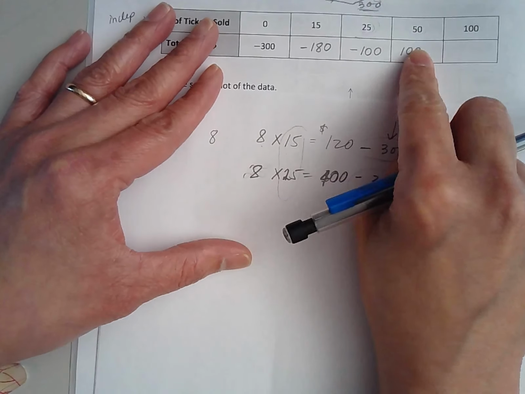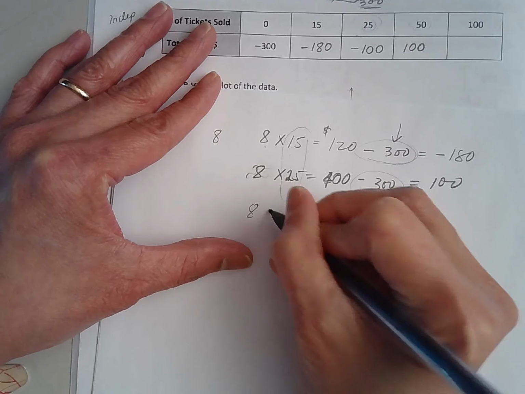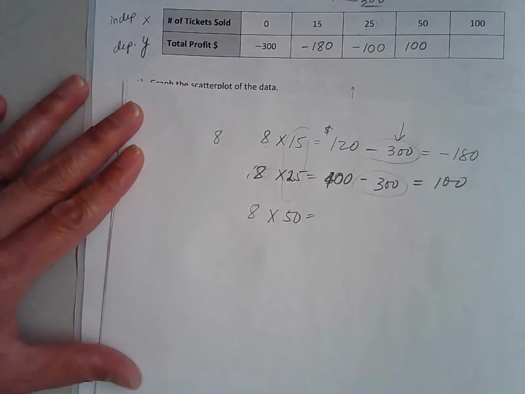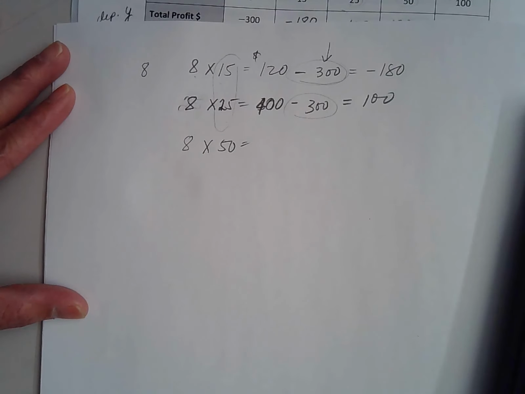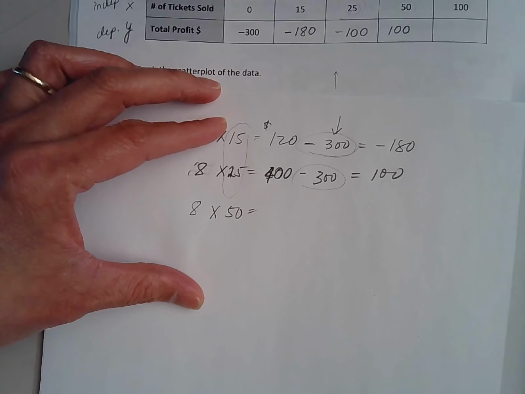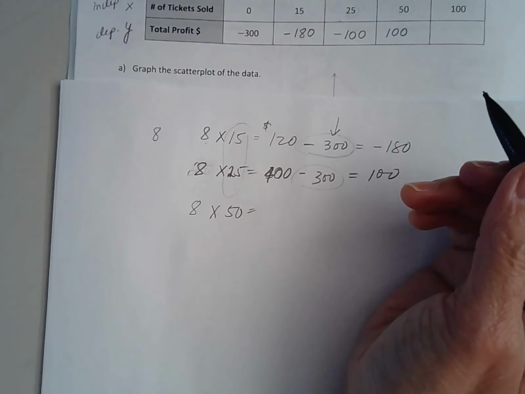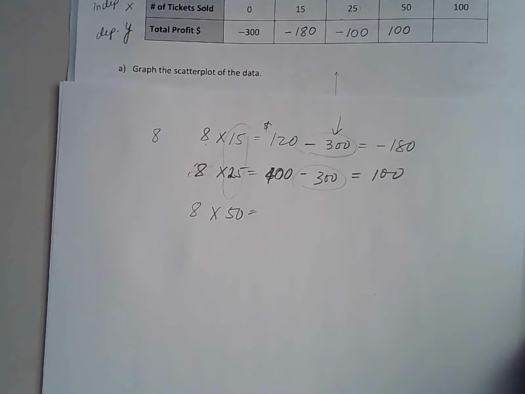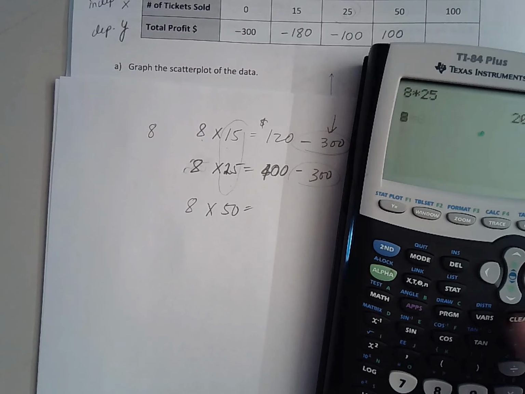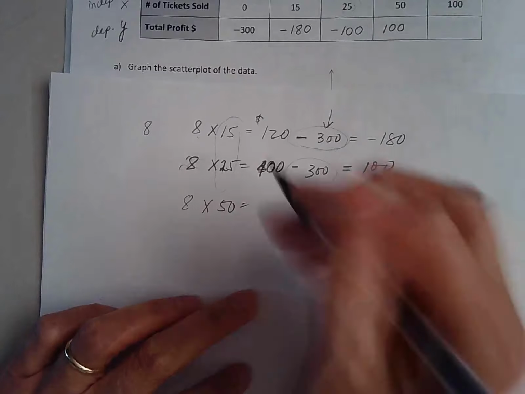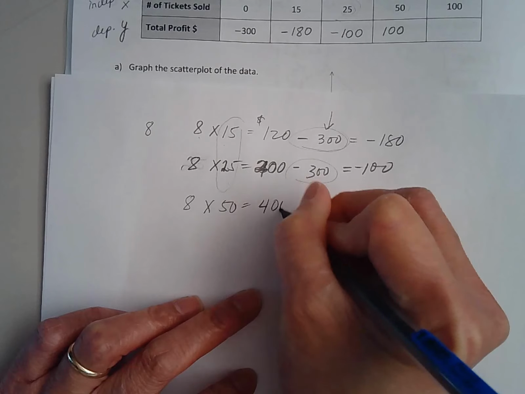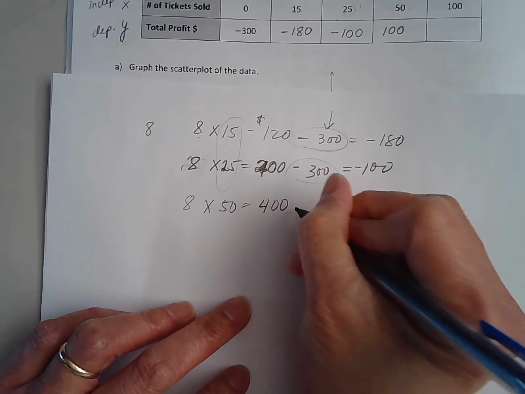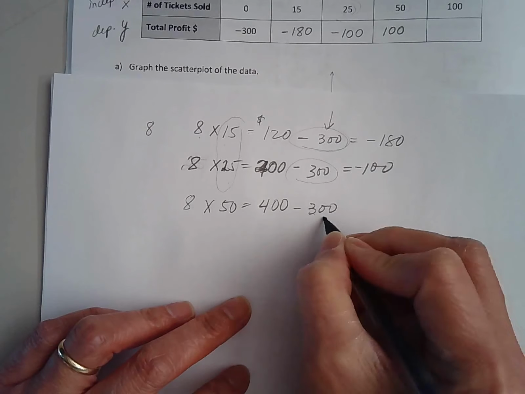And then we keep going on with that. So $8 each ticket times 50. If we sell 50 tickets, okay, that's going to give us 400, minus the 300 for the DJ and the hall.